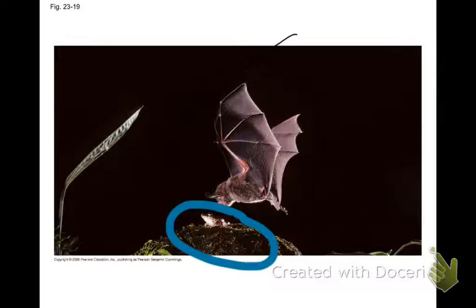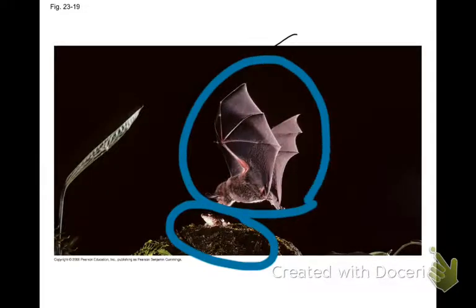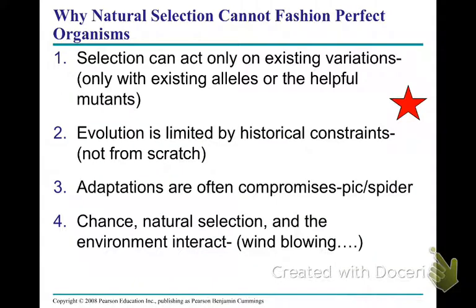This is my frog and this is my bat. He would still croak and still try to find a mate. He may find a mate, he may pass his genes on, good, or he may be eaten by the bat. So adaptations are often compromises.